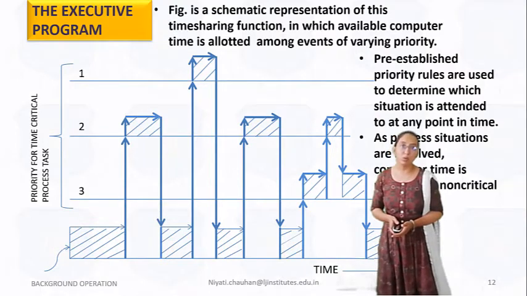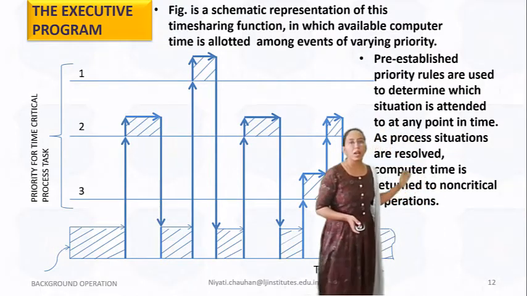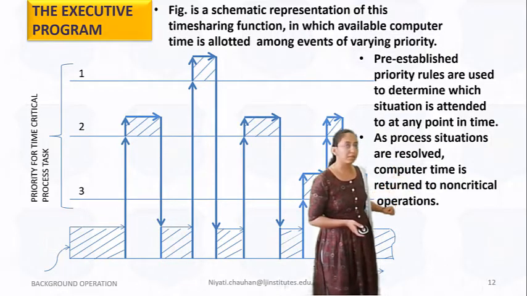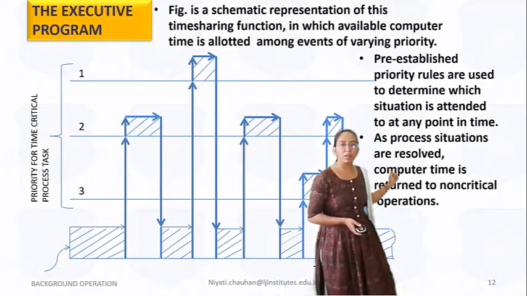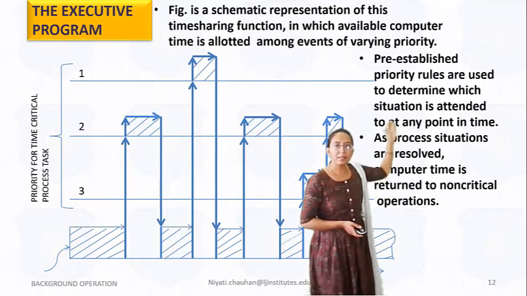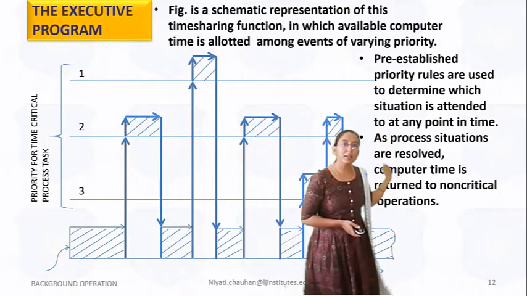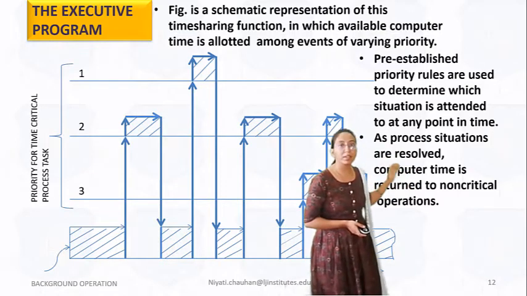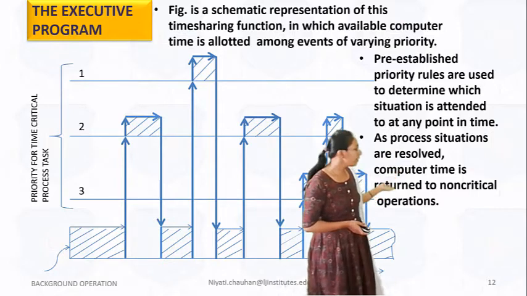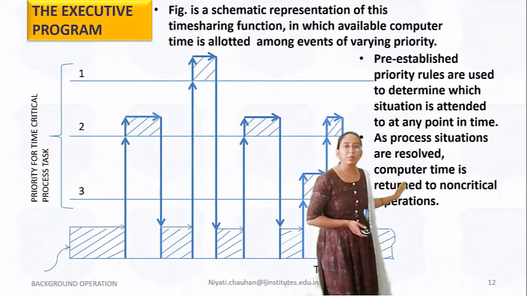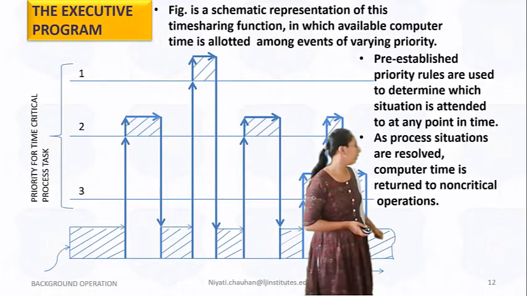Pre-established priority rules are used to determine which situation is attended to at any point in time. As process situations are resolved, computer time is returned to non-critical operation. So here we have to pre-establish priority rules so we can determine which situation is attended to.